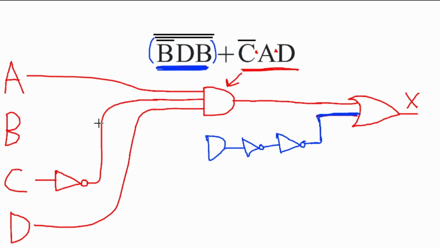So this AND gate has 2 B inputs. It has B. It also has B bar. The last input this AND gate has is a D.